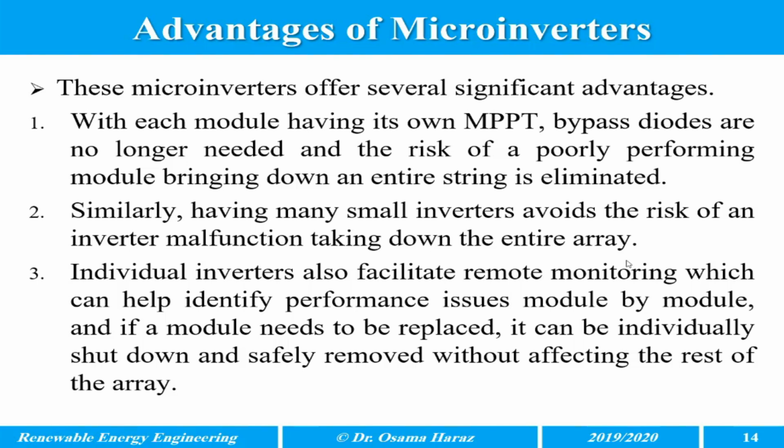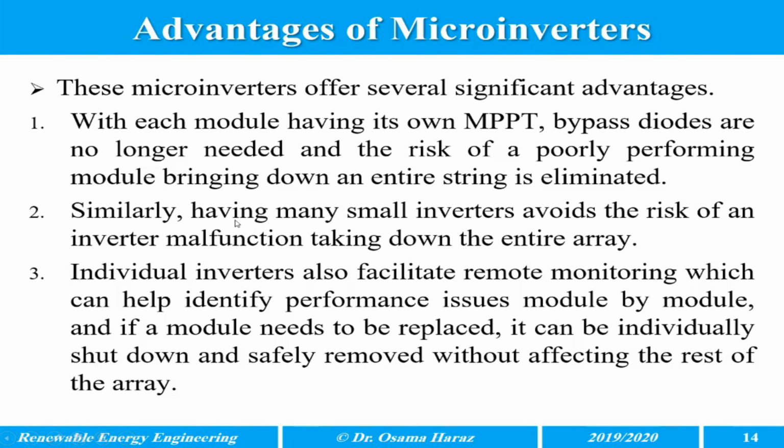What are the benefits of using microinverters compared to using only one inverter? With each module having its own MPPT, bypass diodes are no longer needed, and the risk of a poorly performing module bringing down an entire string is eliminated. This is one of the advantages of using microinverters.